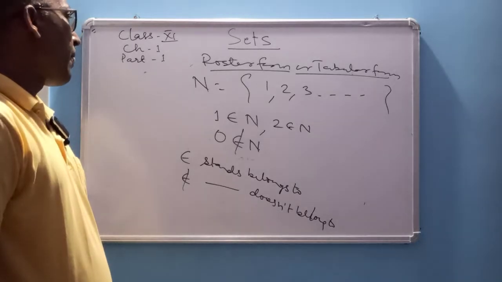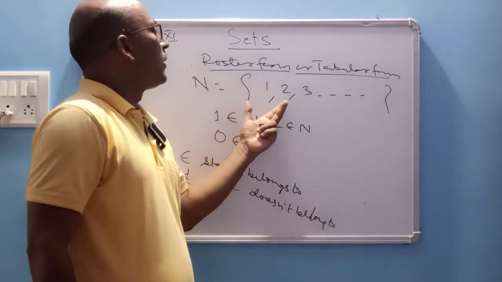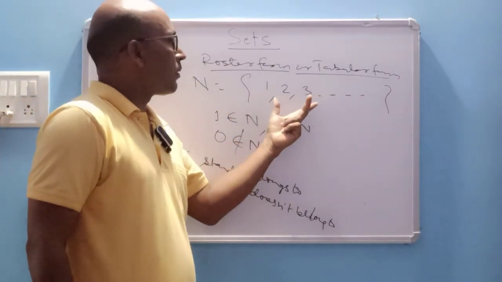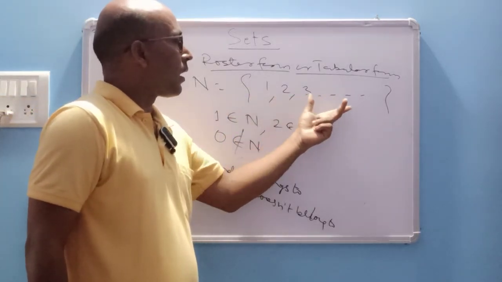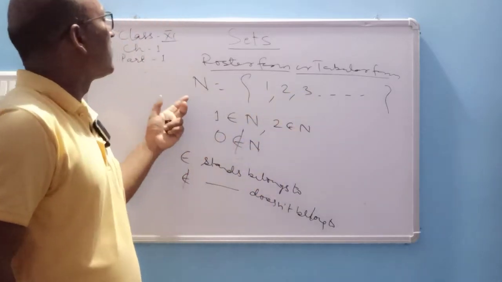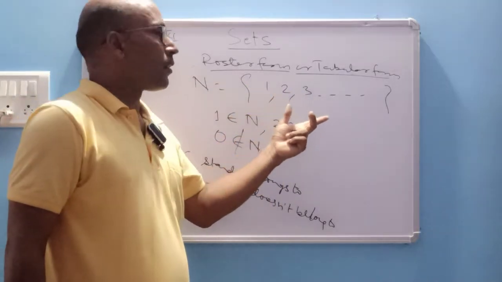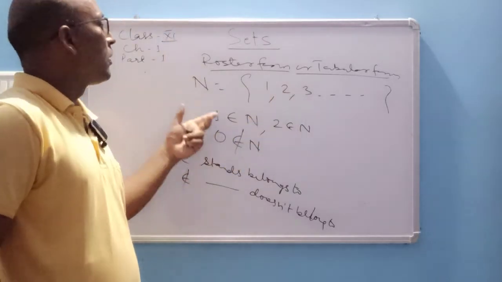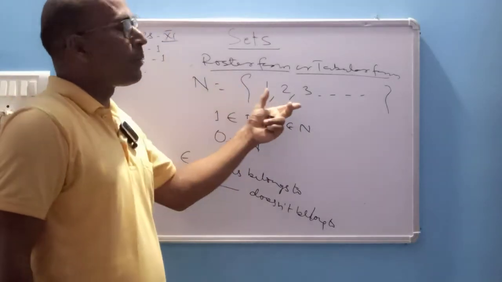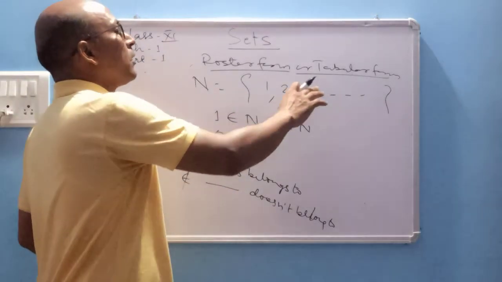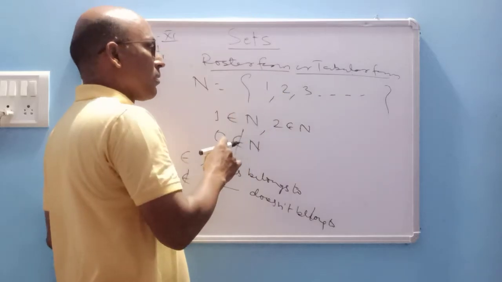And in case the elements of the set are greater in number, it's not practical, not easy to represent every element of the set in this form, because we cannot write endlessly.